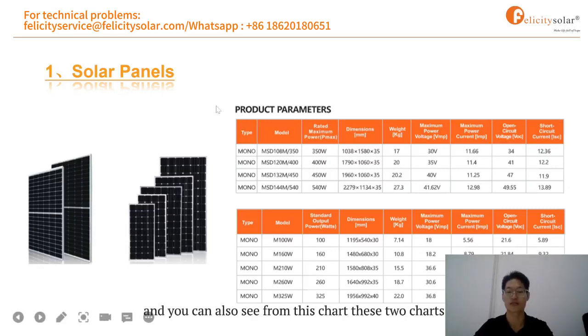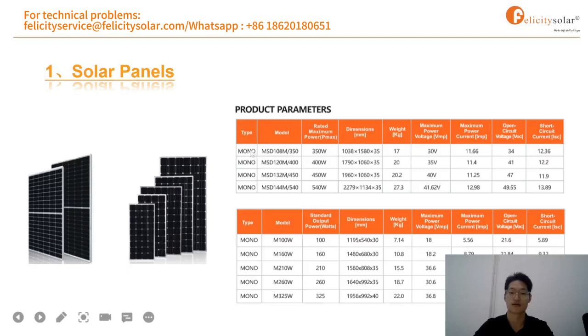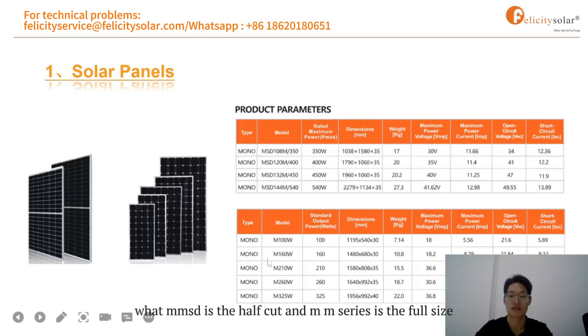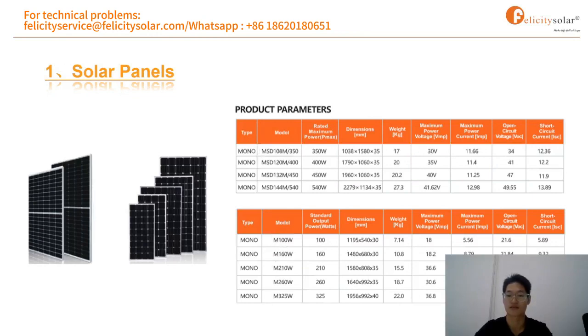You can also see from these 2 charts, all of them are monocrystalline, and the MSD 100, MSD 108, all the MSD is the half cut, and the M series is the full size.